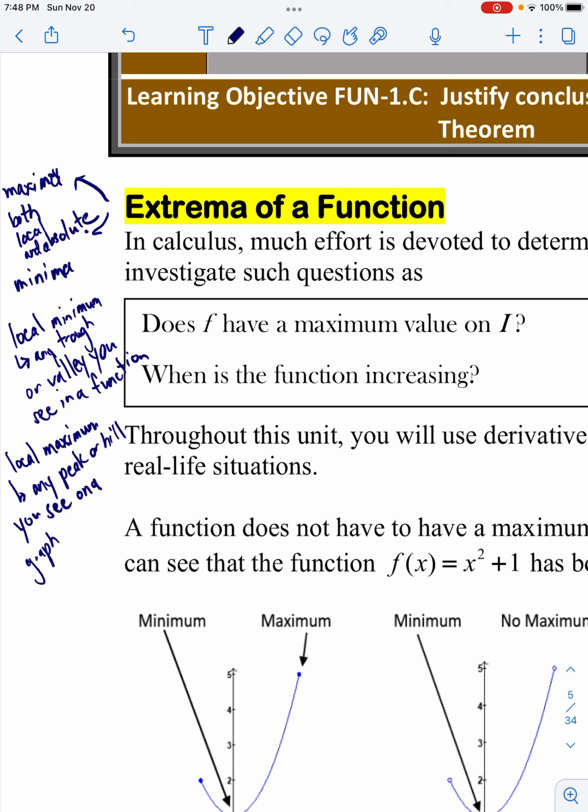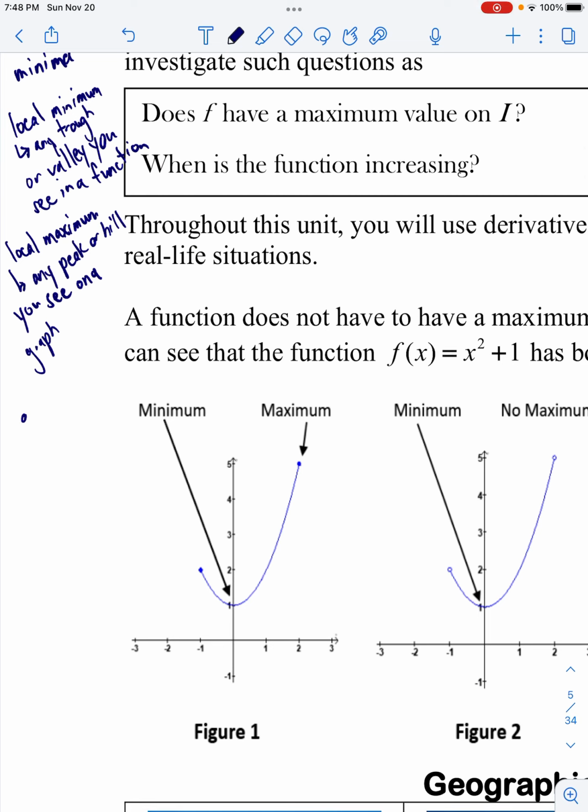All right, the absolute minimum is the lowest local minimum. Well, it's either that, or it's the lowest overall value of a function.